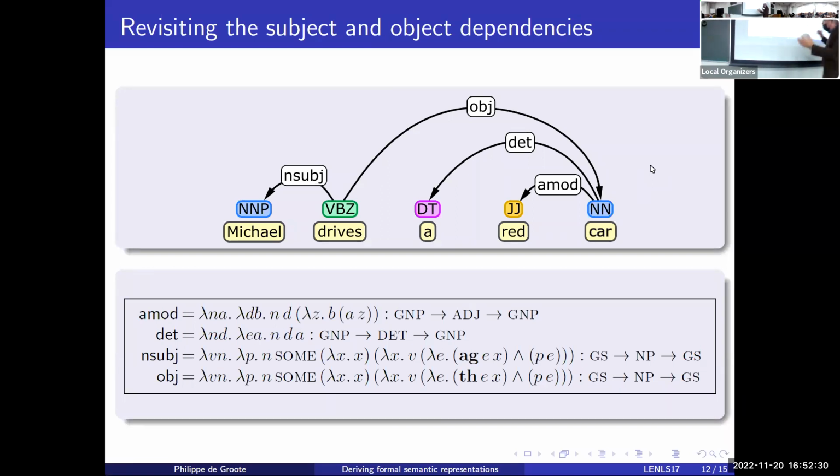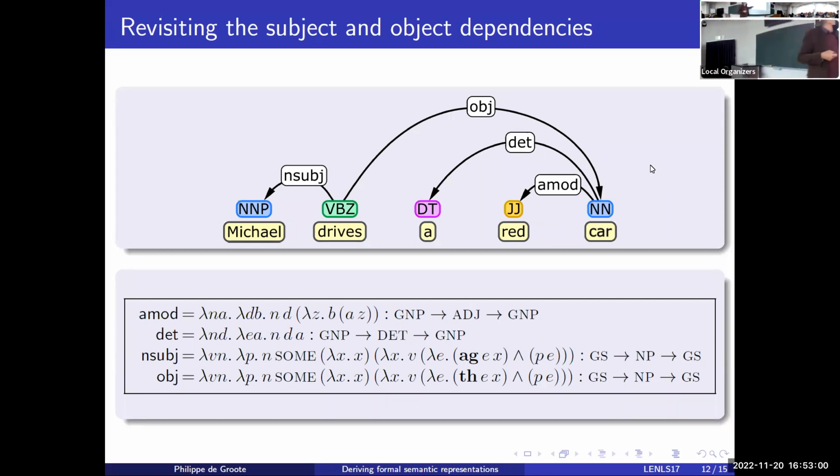And well, I will not detail the lambda term, trust me, or look at them in the pre-proceedings. But what is interesting is that when this relation takes a generalized non-phrasal subject, then it provides the arguments, determiner and modifier, to the subject.